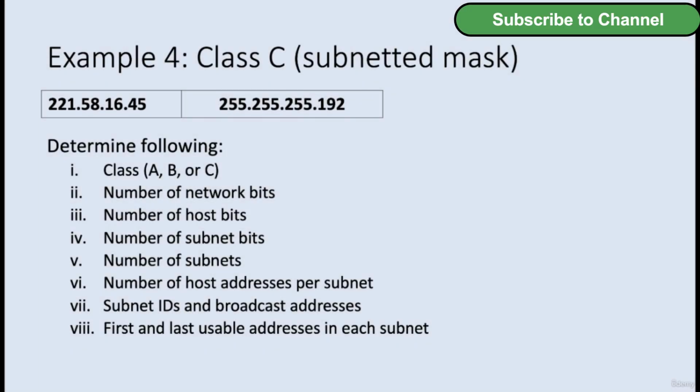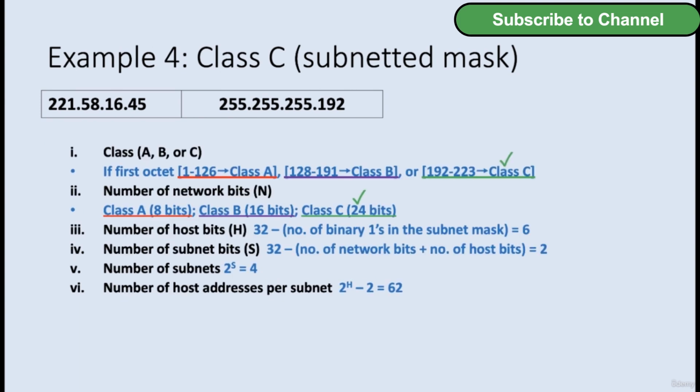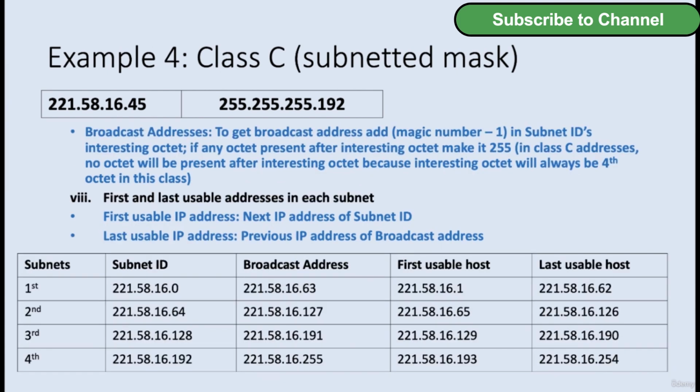Now let's discuss what we did in this question. First thing we observed, the mask is not default. A subnetted mask means subnets are present in this network. We found out it has 4 subnets. Then we calculated 4 network IDs, 4 broadcast addresses, 4 first usable and 4 last usable addresses.